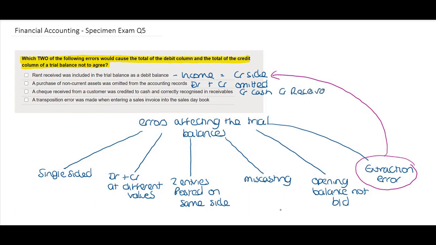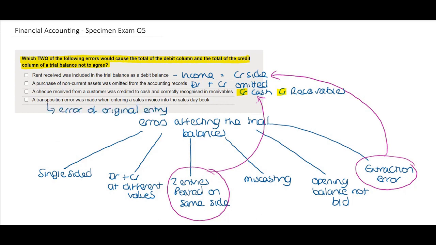We can see here that we have a credit to cash and a credit to receivables, which means we have two entries posted on the same side. This will mean our trial balance will no longer agree. Our final option is that there was a transposition error which was made when entering a sales invoice into the sales daybook. This is an error of original entry. It would not lead to our debit and credit side of the trial balance no longer agreeing.